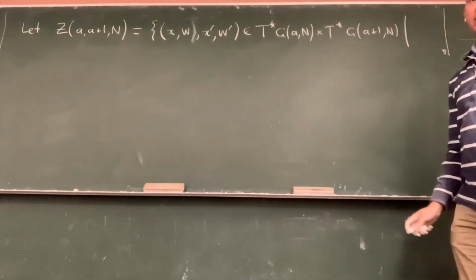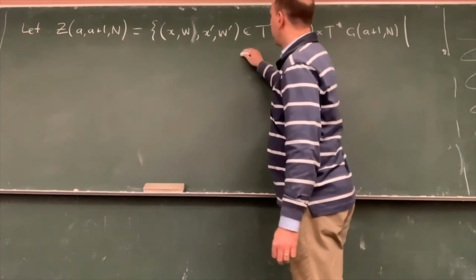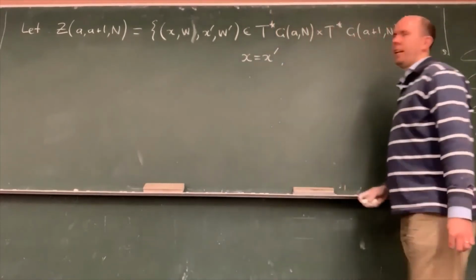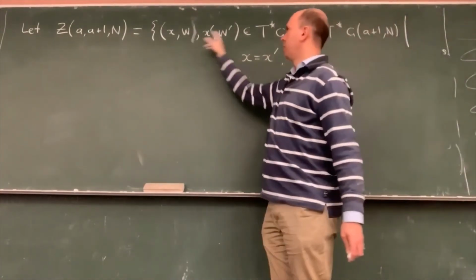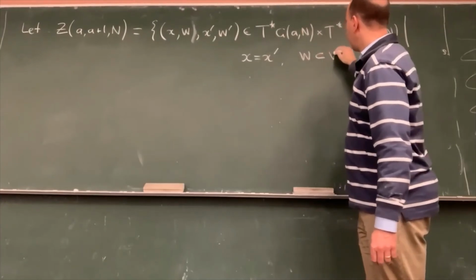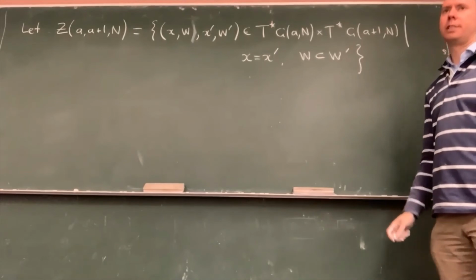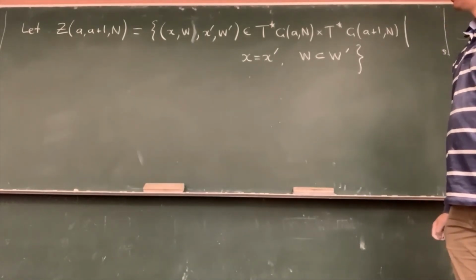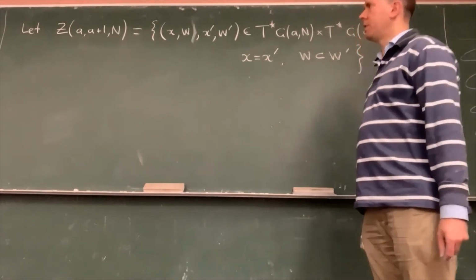And we want to impose some relationship between the two things. The most obvious relationship between x and x prime is that they should be the same. And we can't impose that w and w prime are the same because this is a-dimensional and this is a plus 1 dimensional. But the next best thing is that w should be contained in w prime. So that's the most natural incidence variety between these two things.